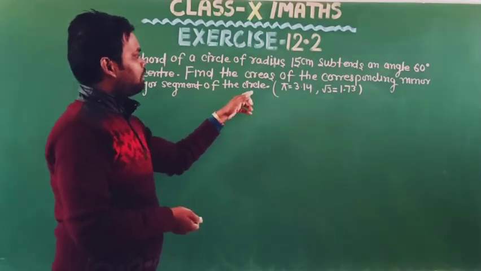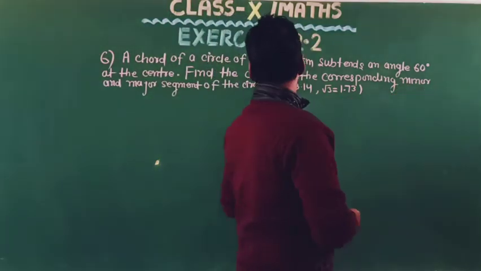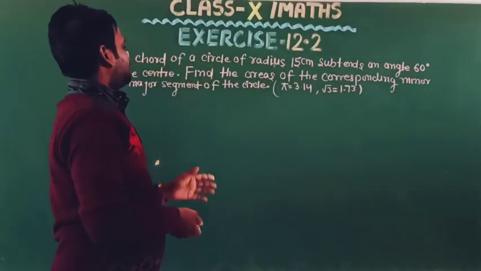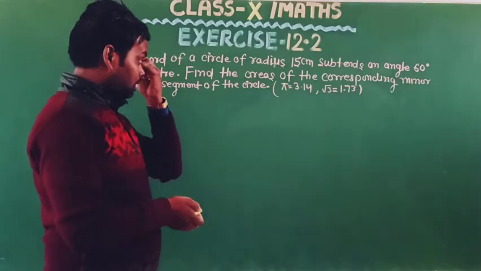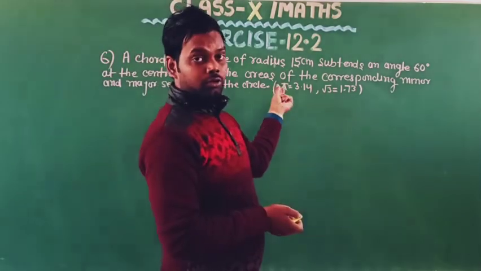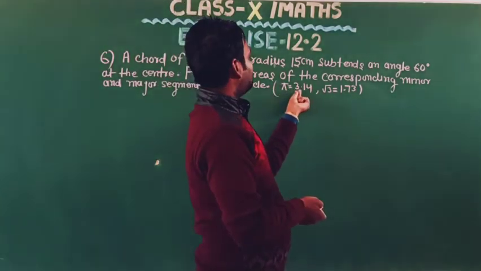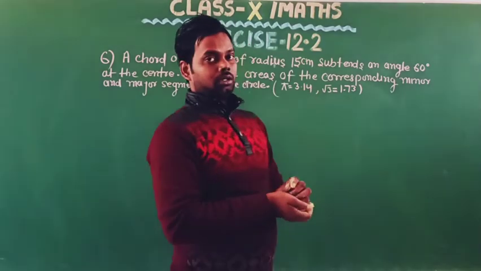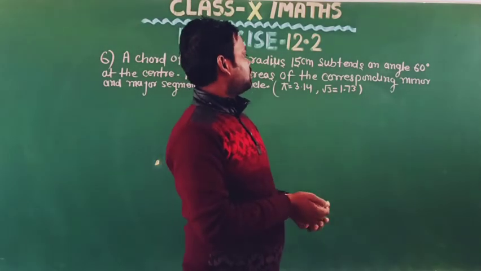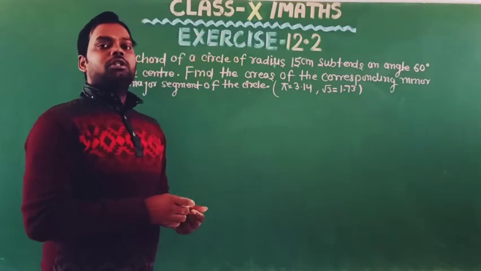Find the area of the corresponding minor and major segments of the circle, using pi equal to 3.14 and root 3 equal to 1.73.